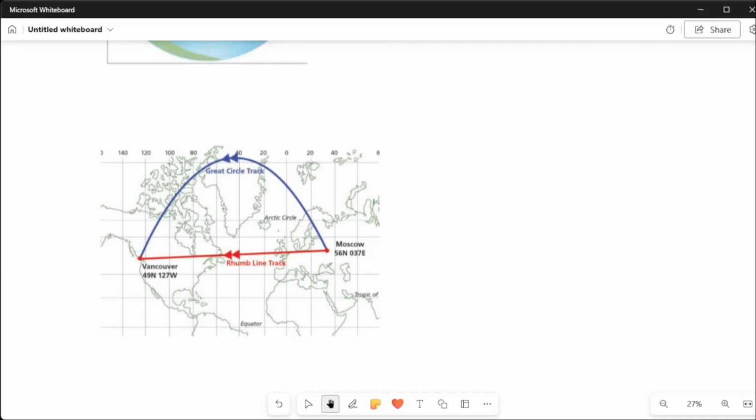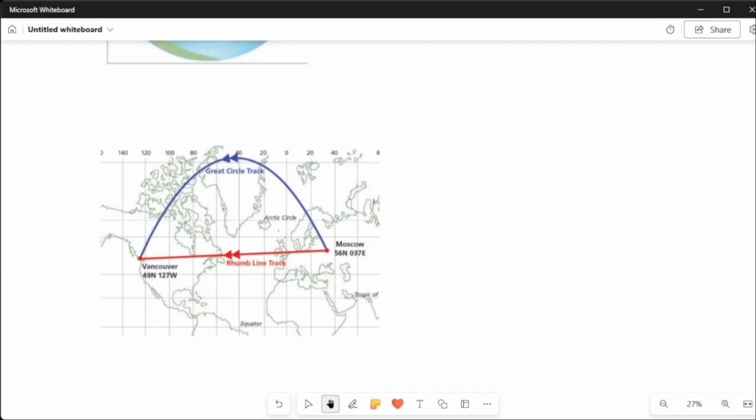Now, some examples of rhumb lines are parallels of latitude, since a particular latitude cuts all the meridians at the same angle, that is 90 degrees. A special case of a rhumb line and a great circle is the equator.